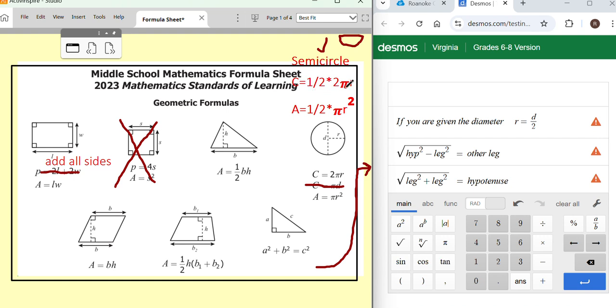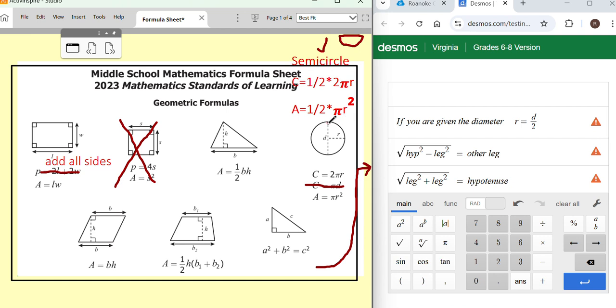Just like if you're finding it for a semicircle, it's 1/2 times 2 pi r. But if you're finding the area of an entire circle, it's pi r squared. And if you're finding the area of a semicircle, it's 1/2 times pi r squared.